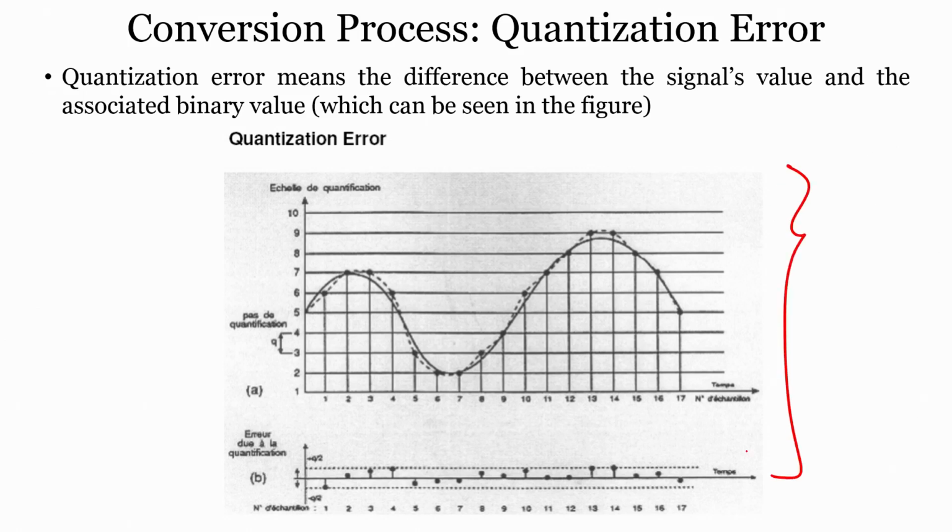The signal value is right over here, and there is a difference between it and the associated binary value, here, here and here, and if I plot it, it is like this. So, this is the difference of the signal value and the binary value. This is your error.